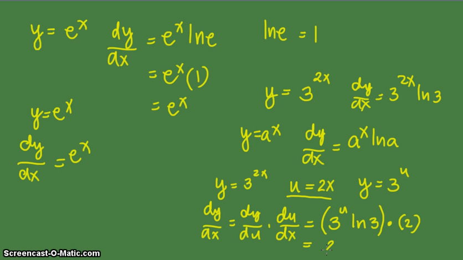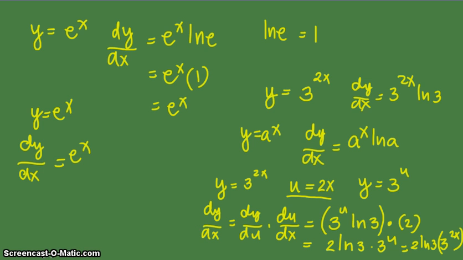You cannot combine anything there. So 2 ln of 3 times 3 to the u. And then finally, since we want the derivative with respect to x, the u should be changed to the value 2x. So you have 2 ln of 3 times 3 to the 2x.